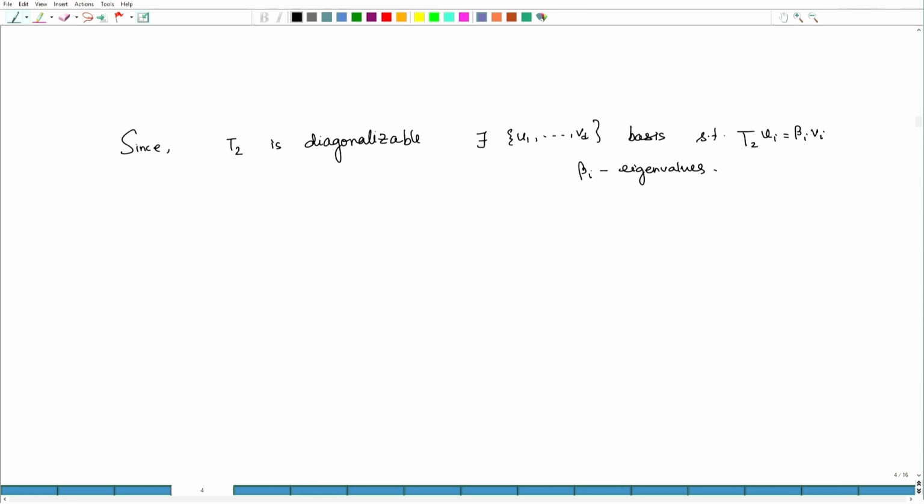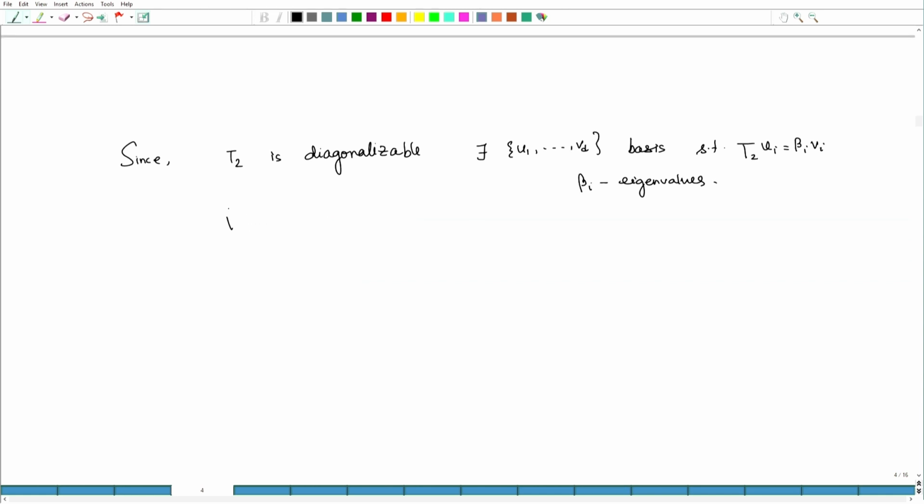Therefore, I can write V as the direct sum of the subspaces V of beta 1 direct sum up to V of beta d, where V beta i is the span of Vi. Vi spans a one dimensional subspace of V, because they are the basis elements. So, therefore, I can have a direct sum decomposition.